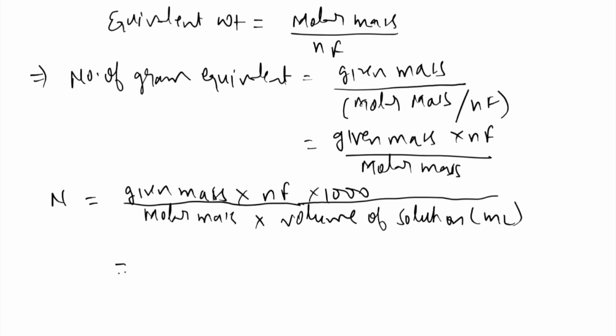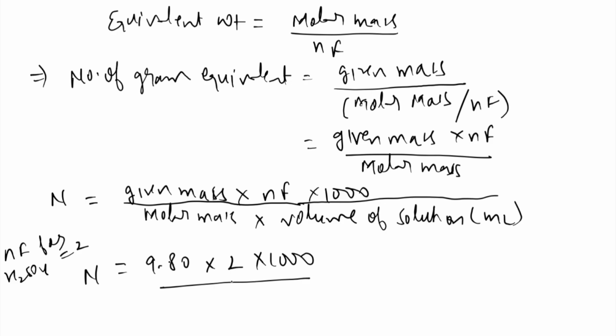So that is why it will be the given mass, 9.80, multiplied by the N factor. The N factor for H2SO4, we know that this is 2, right? So the N factor will be 2 multiplied by 1000 divided by molar mass 98.08 multiplied by volume 500.